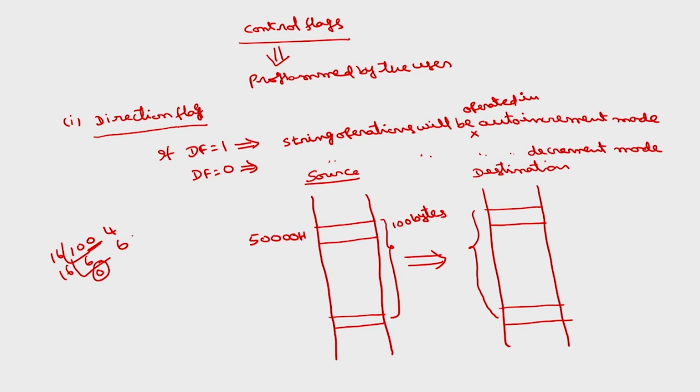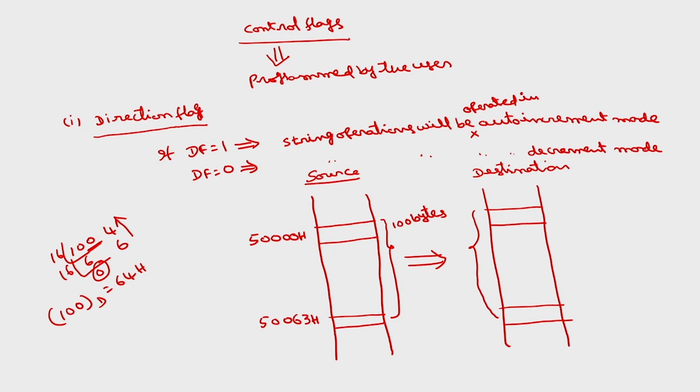So you have to stop here. So 100 decimal is equivalent to 64H, but you are starting from 0. So total 64H means the ending will be 50063H, because you are starting with 0.